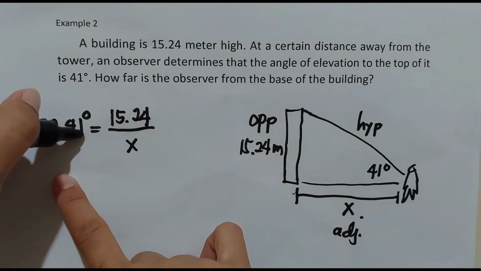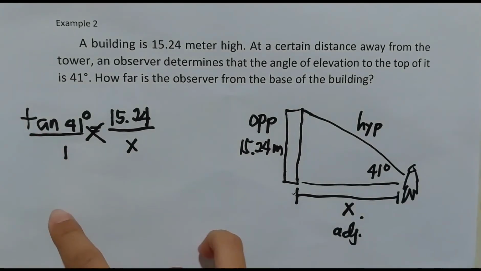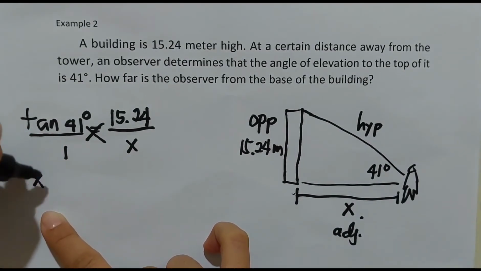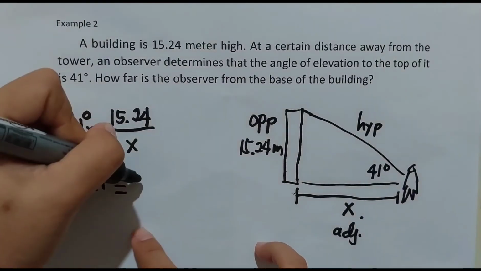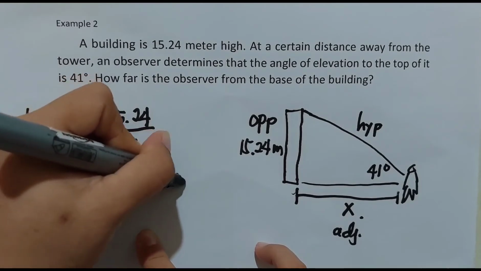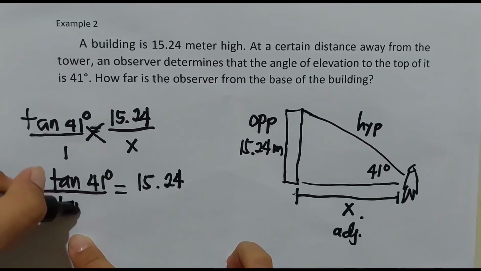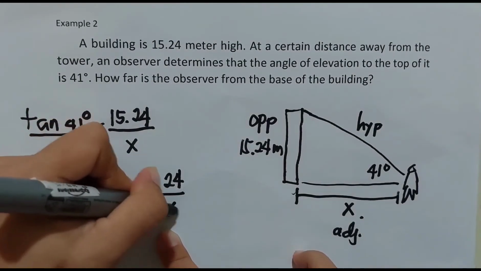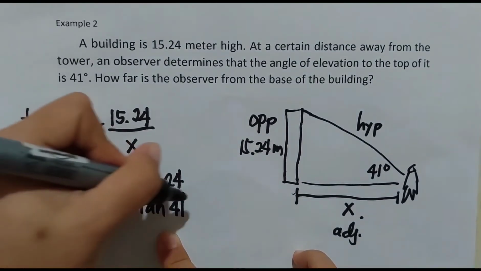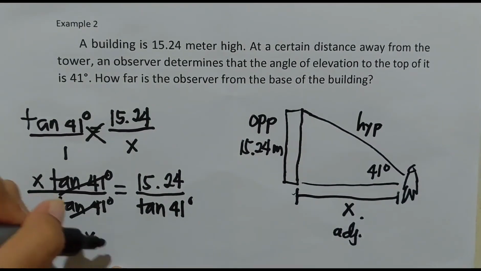Now, tangent 41 is understood over 1, so you cross multiply. x times tangent 41 degrees is equal to 15.24. Now, we divide both sides by tangent 41 degrees, so we can cancel that, and what remains is just x.